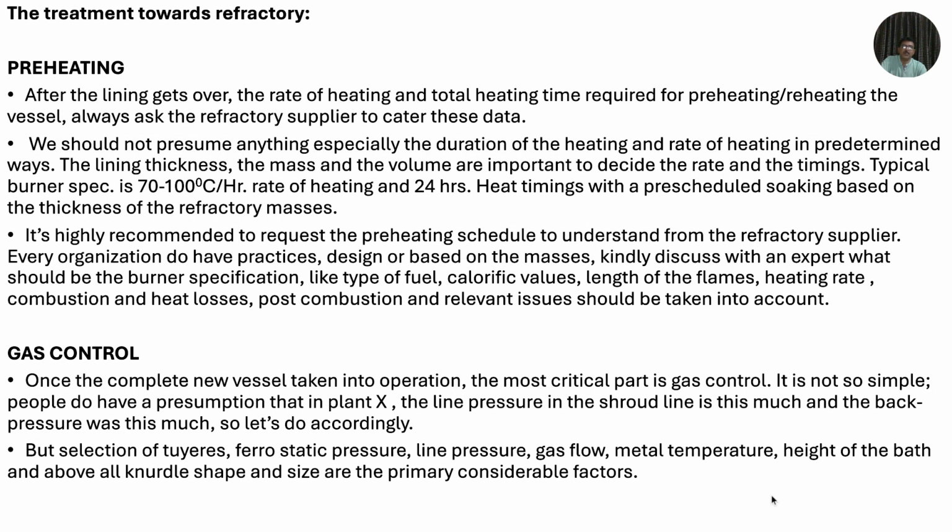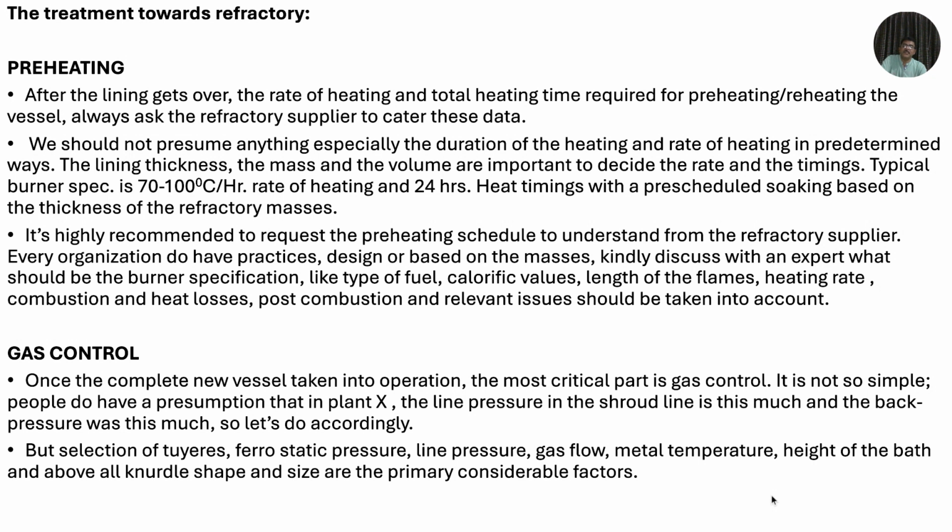Every organization has practices, designs or schedules based on the masses. Kindly discuss with an expert what the burner specification should be, like type of fuel, calorific values, length of the flames, heating rate, combustion and heat losses, post-combustion, and relevant issues should be taken into account.